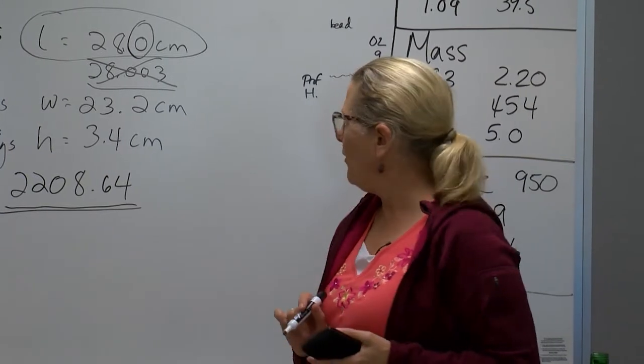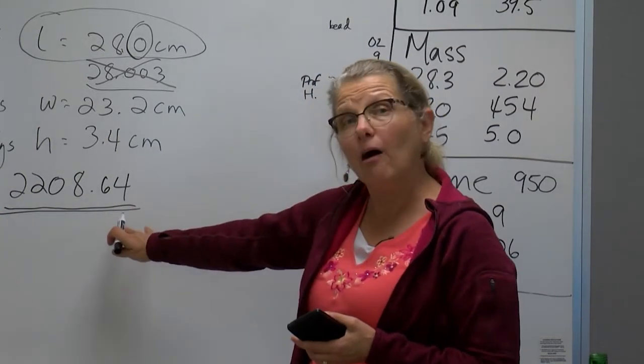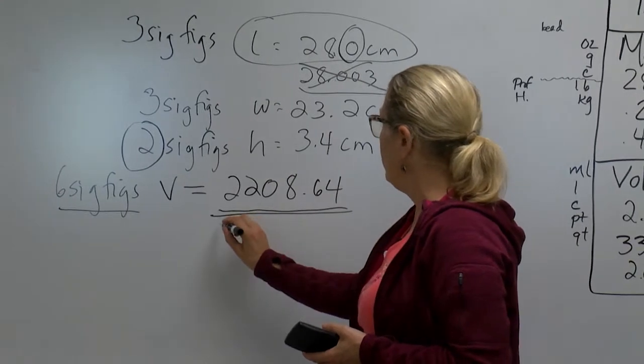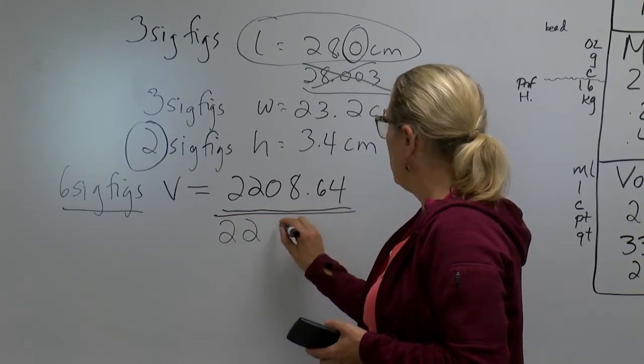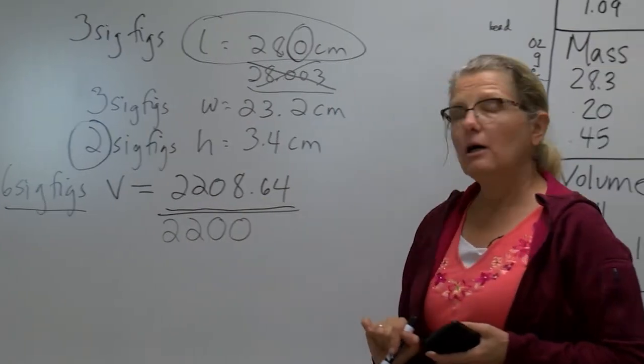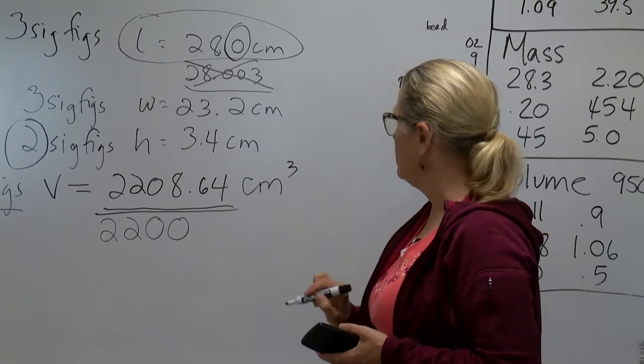How do we figure out what we're going to do here? Because it has 6 now. So 2 significant figures would be a volume, and we always have to put our units.